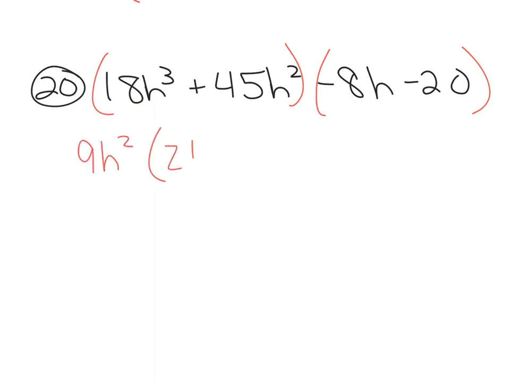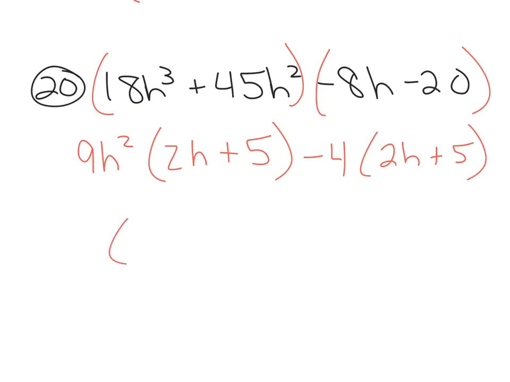And so I'm going to get a 2h plus 5. Now on the second one, I'm going to pull out a negative 4. And that's going to turn this over to a positive 2h plus 5. So now when I rewrite it, put together your outsides. So the 9h squared minus 4, and then the 2h plus 5.